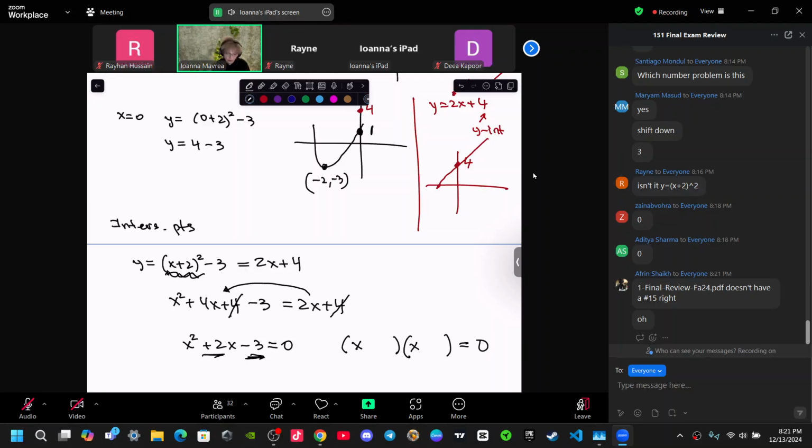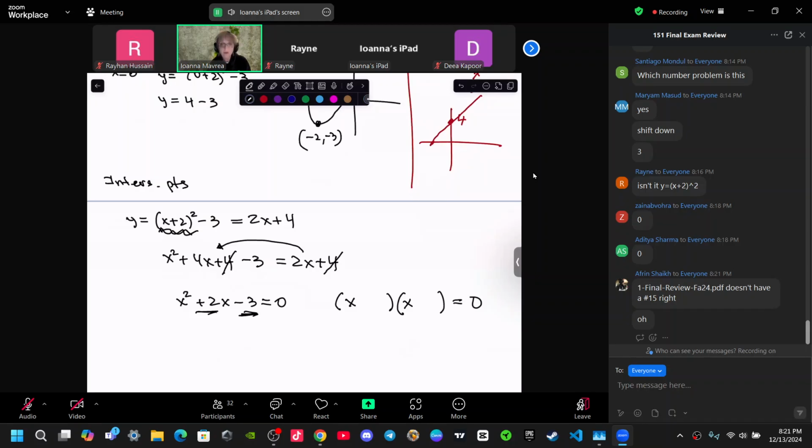Yeah. So the two numbers are going to be what? Whose product is negative 3 and whose sum is plus 2. What are the two numbers whose product is negative 3 and whose sum is positive 2? Whole numbers.